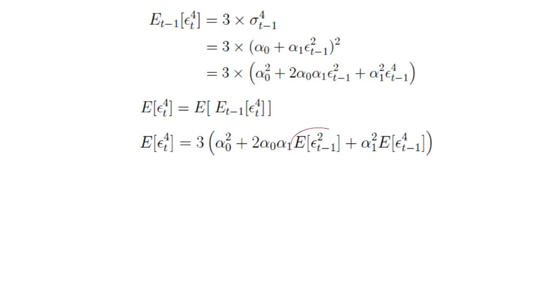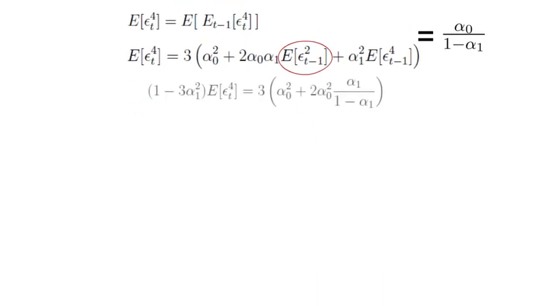Note the unconditional second moment of epsilon was previously determined. It equals alpha 0 divided by 1 minus alpha 1. So we plug that in and regroup terms and come to this next equation. What we now do is we rewrite the right-hand side with one denominator and group terms. And that gives us the next expression.